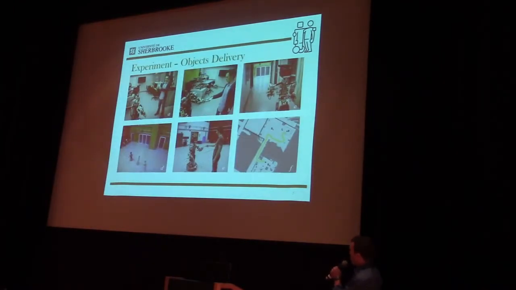This is the experiment we did with our robot to validate the model. It's an object delivery scenario. In the first picture, the robot recognizes a person and an object, a book in this case. Then the robot asks to be given the object. Then the robot goes to a predefined room to deliver the object.